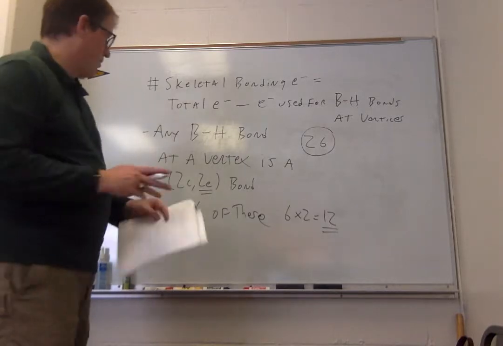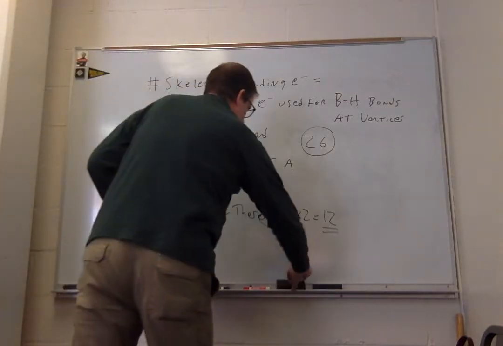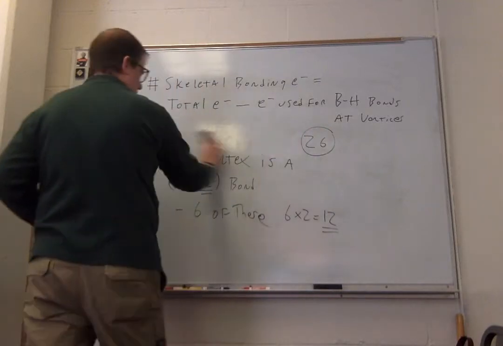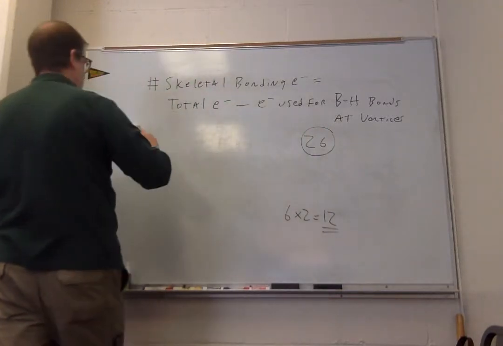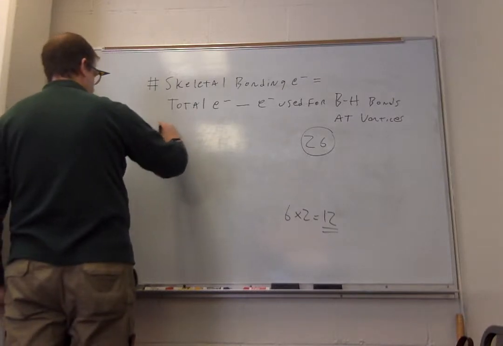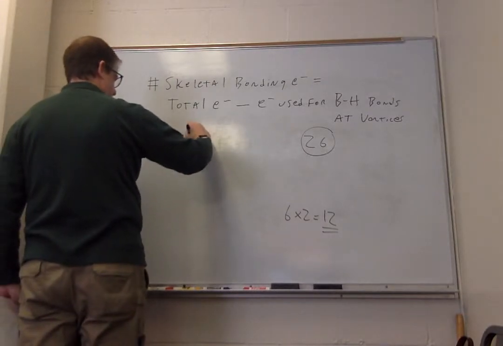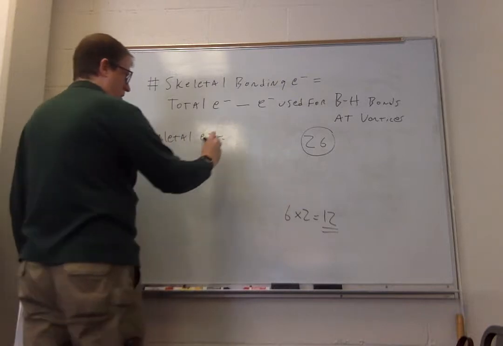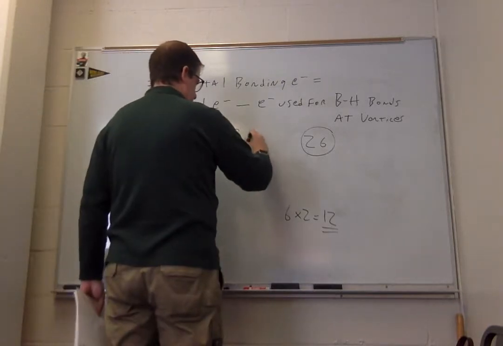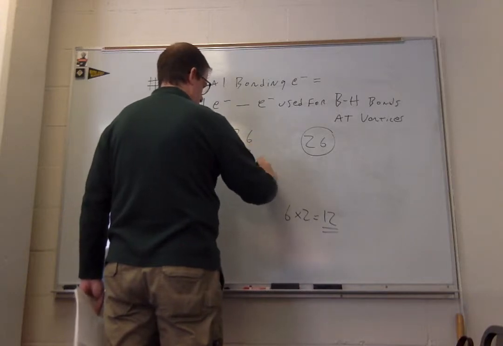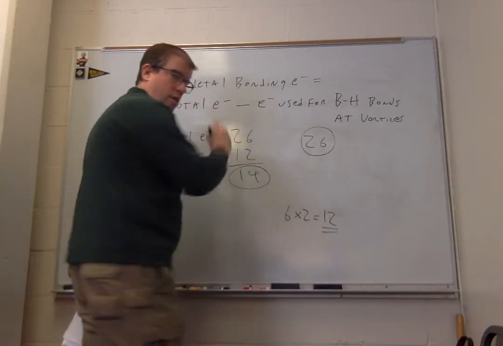So, to make a long story short, the number of skeletal electrons is 26 minus 12, or 14.